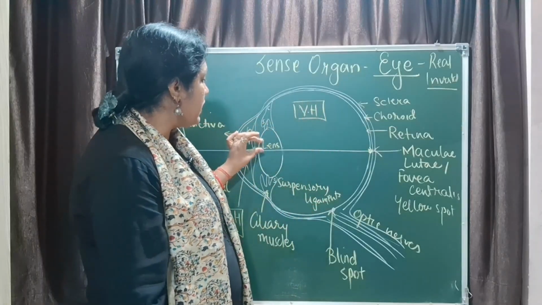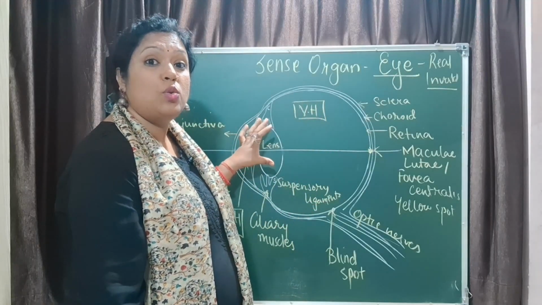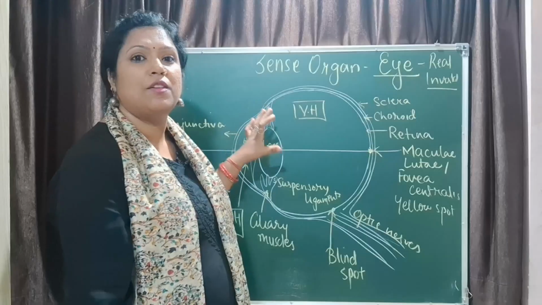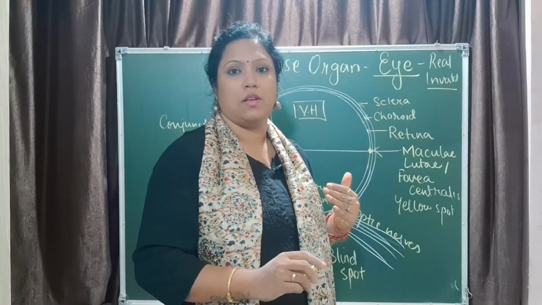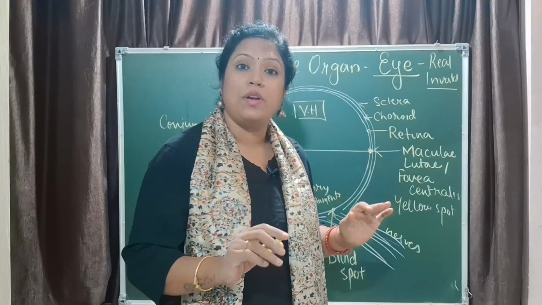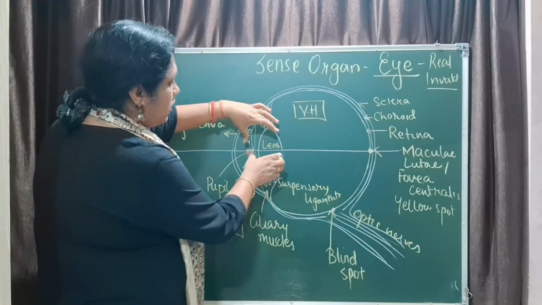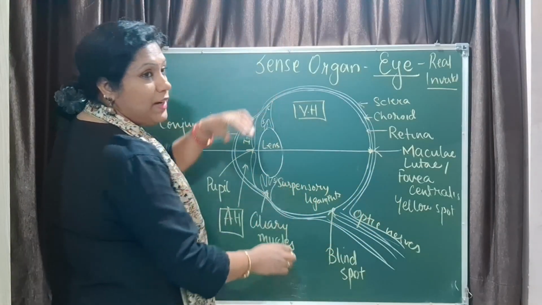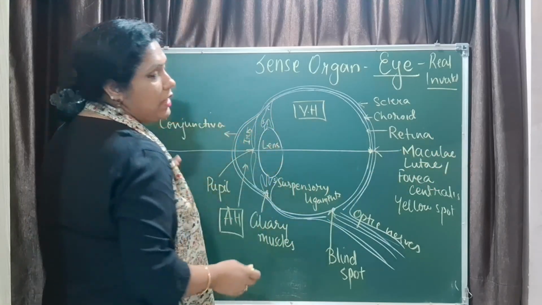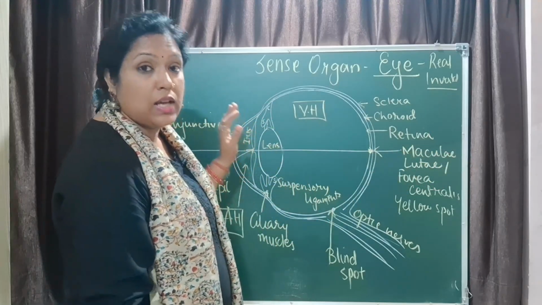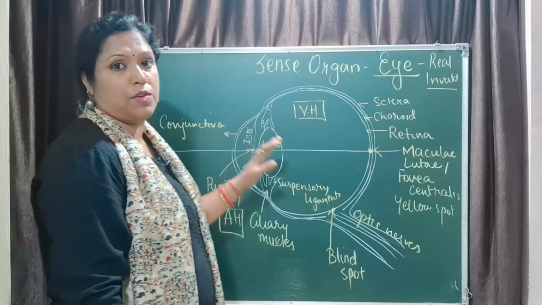So the lens changes its shape to accommodate the vision. Accommodation is far and near vision. And how does your lens accommodate? Your lens becomes elongated when it has to see a farther object, and it becomes short and round when it has to see a nearer object. This is called accommodation of your eye.